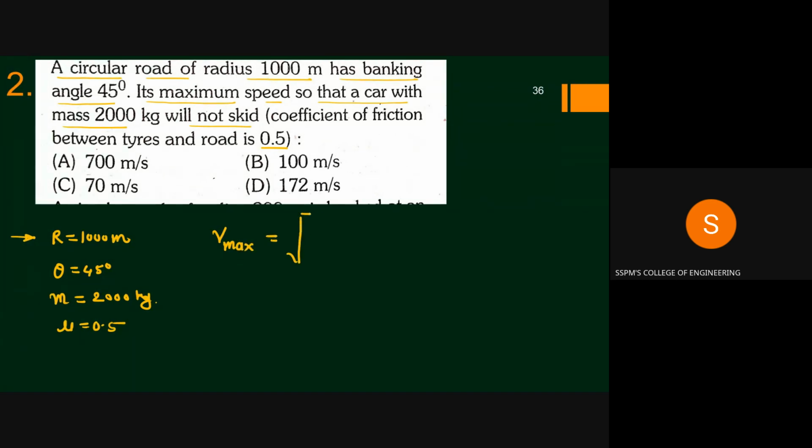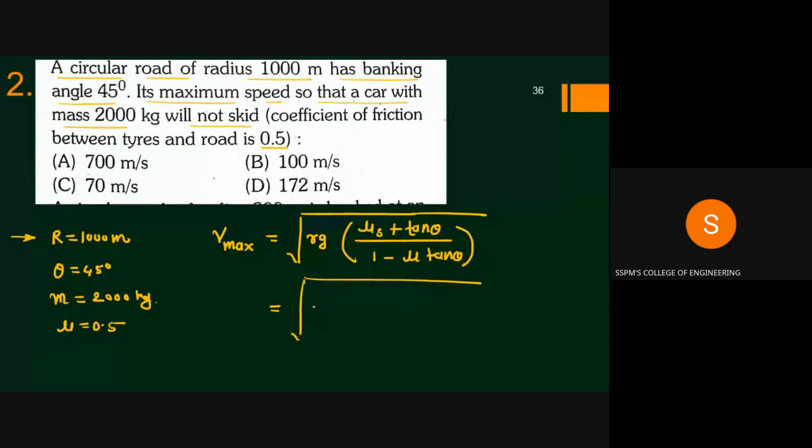So V max is equal to the square root of Rg times (mu s plus tan theta) divided by (1 minus mu tan theta). Okay. Now put in these values, theta is equal to 45 degrees.